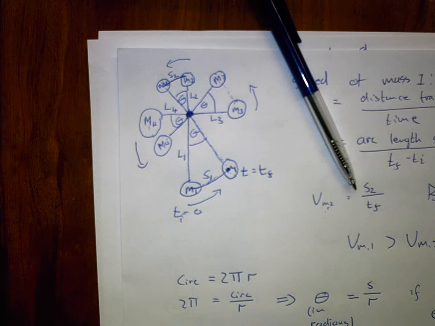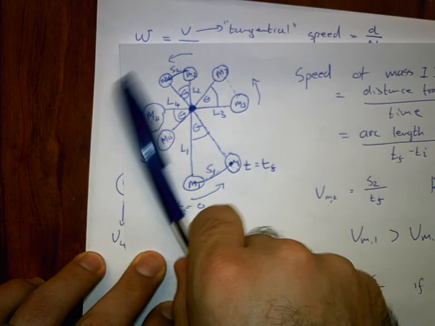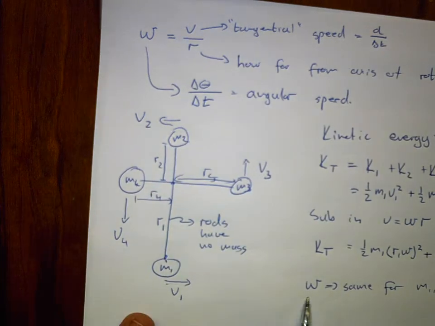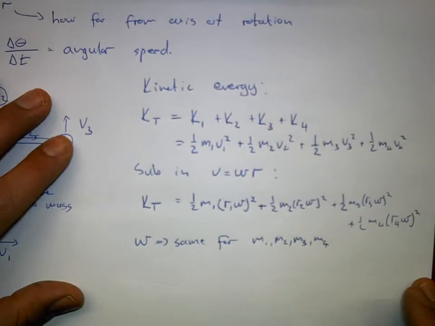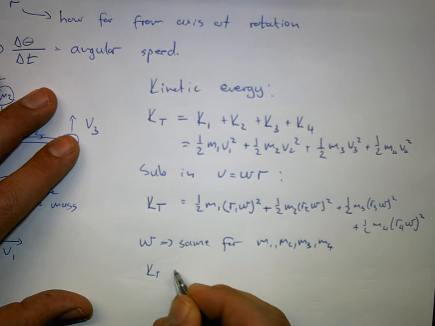So every mass rotates through the same angle in the same amount of time, which means every mass has got the same angular speed. So we can write this kinetic energy in a simpler form.